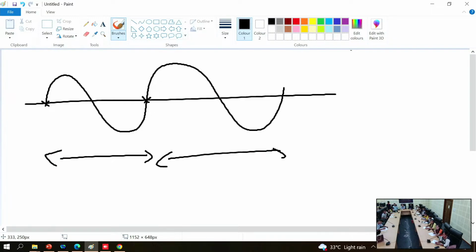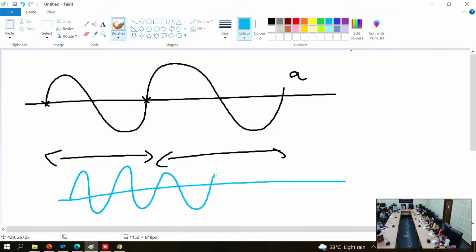Now I am calling this one A, and there is another one B. Which one has a longer wavelength? B has a longer wavelength.